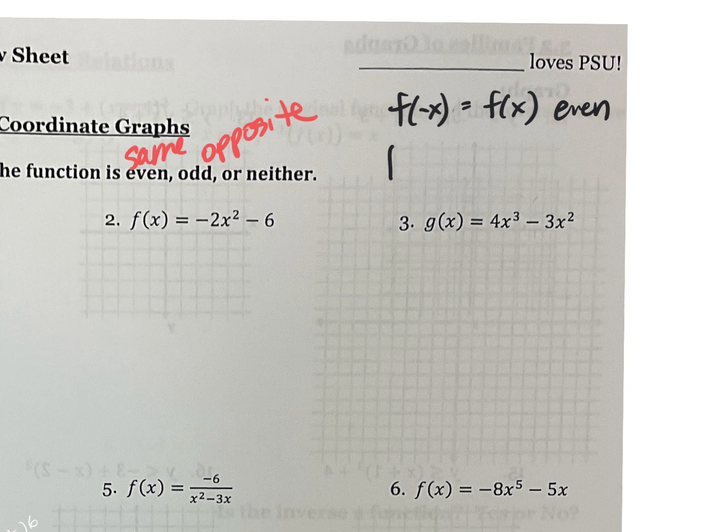An odd function is when I plug in a negative x and I get the opposite of what I started with. Everything is opposite. That would be odd. If it doesn't meet either of those, then it's going to be neither.